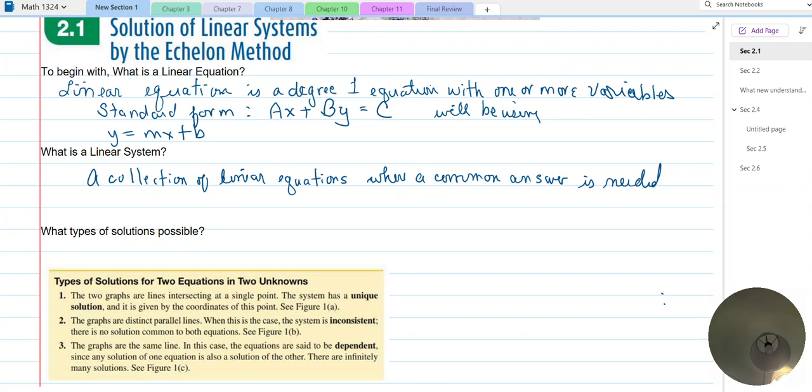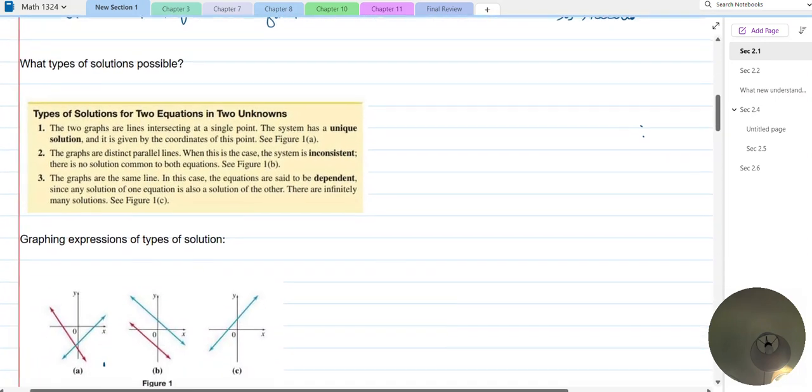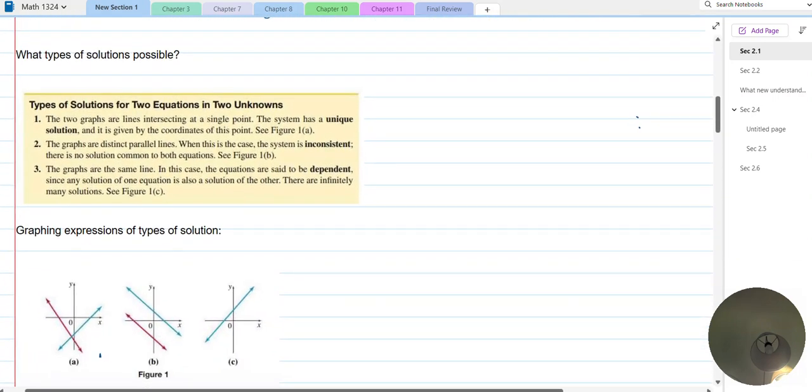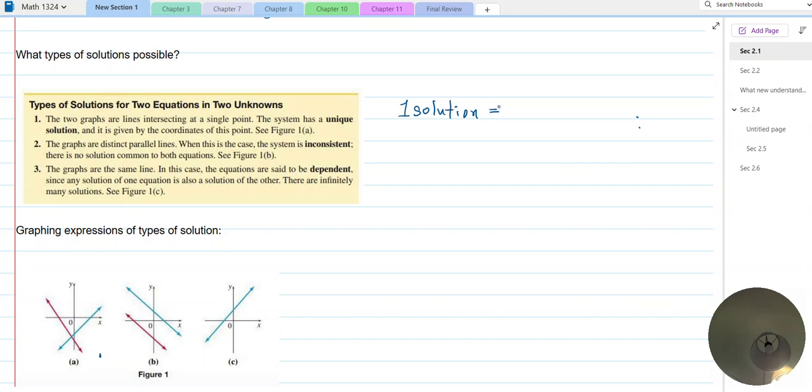Well, that brings up the next question. What type of solutions are possible? Well, I got this from the textbook. But to understand, we can have one solution, which is termed as unique, no solution, which is termed as inconsistent, nothing matches.